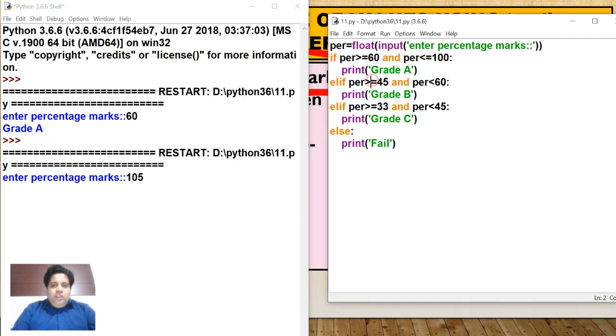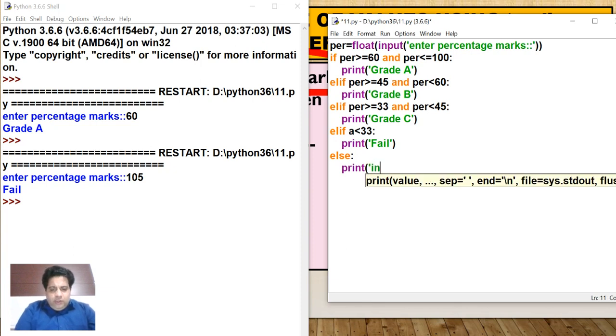No. Is it between 45 and 60? No. Is it between 33 and 45? No. So it will print fail. Now the appropriate output should be invalid percentage marks, invalid marks. So what you can do: instead of else here, write elif per below 33, and in the else part print invalid marks.